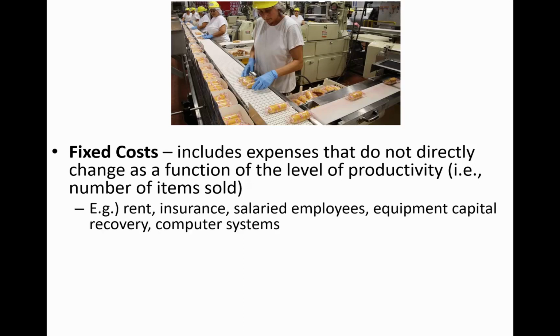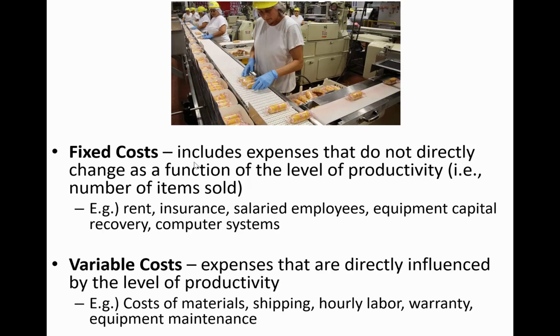But there are also the variable costs which are affected by the level of production. And so the sugar that goes into the Twinkies, the plastic that's used for the wrapping, the delivery costs, the labor expenses, all of those things are directly affected by how many Twinkies you'd be making in a month.